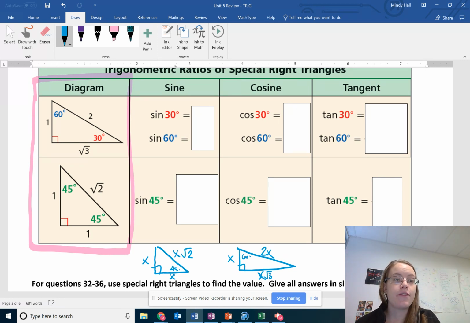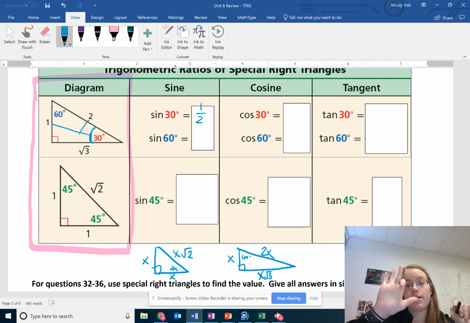So for sine of 30, for the sake of practicing with the hand, we are going to do that as well. But if you're stuck with just trying to use the table, sine of 30 is opposite over hypotenuse, so it is 1/2. Or if you're using your hand, sine of 30, 30 is your index finger, so it's 1/2.